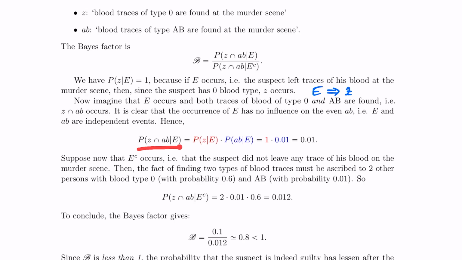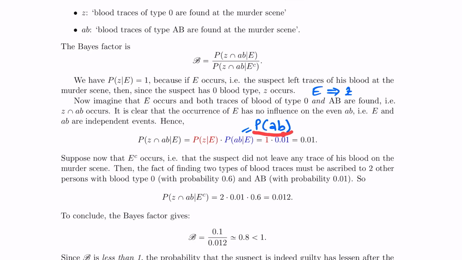So this probability can be written as the product of the probability of Z given E times the probability of AB given E. We have already seen that this probability is 1, and regarding this other probability, we can say that it is exactly the probability of AB, because E doesn't have any influence on the occurrence of AB, right?